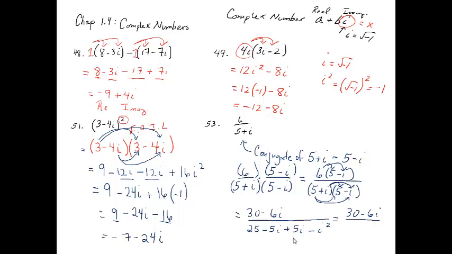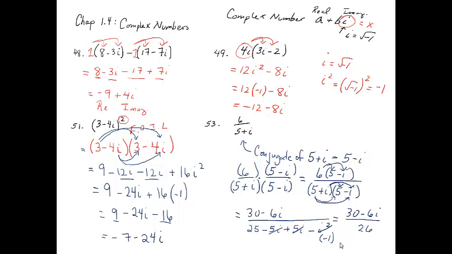Now, your denominator, what happens here? Well, I have a negative 5i. It cancels with positive 5i. This i squared is really negative 1. So that's like saying minus a negative 1. So let's see what we have here. 25 minus negative 1 is going to be positive 26.